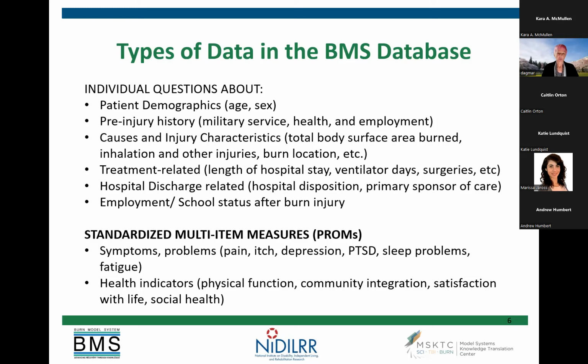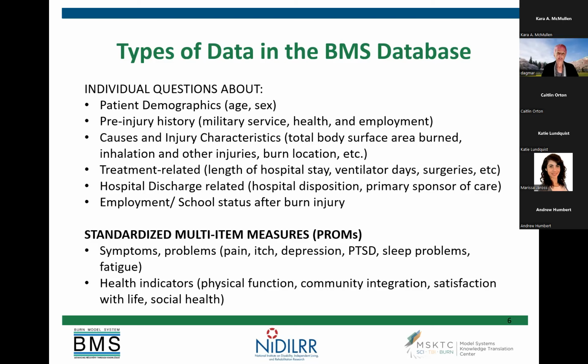We will be talking primarily about the second type of measures that we have in the database, and those are standardized multi-item measures. These measures include several items. The scoring can be done using simple summation, or it could be more sophisticated, such as using item response theory, and I'll tell you a little more about that, but not in depth today.